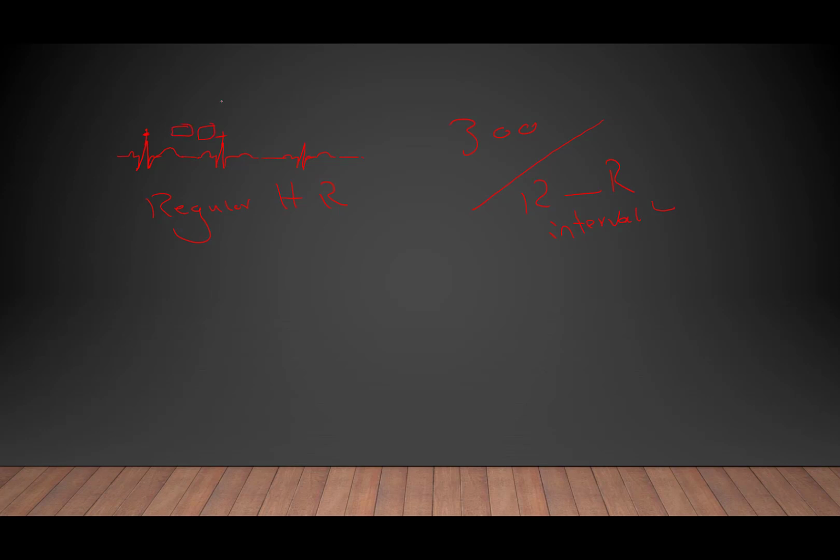For example, if it is 3 large squares, we divide 300 over 3 large squares, so it equals 100 beats per minute. This is the way for a regular heart rhythm.